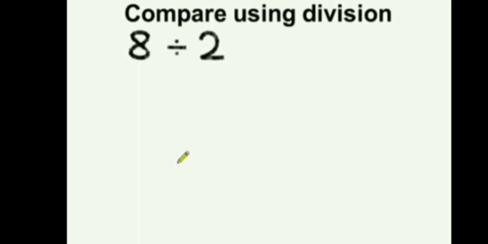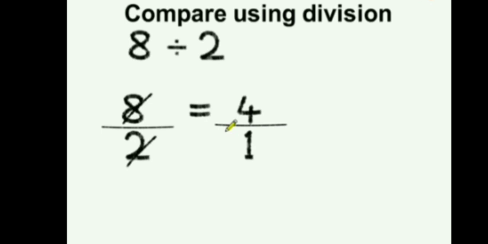Now this 8 divided by 2 can also be written as 8 by 2 in fraction format. We also know that this 8 by 2 can be written in simplest form. If we divide 8 and 2 by 2, we get 8 by 2 equals 4, and 2 by 2 equals 1, which gives 4 by 1.